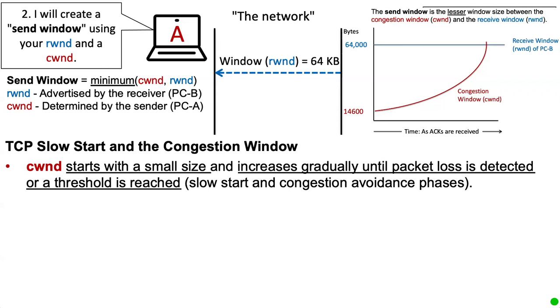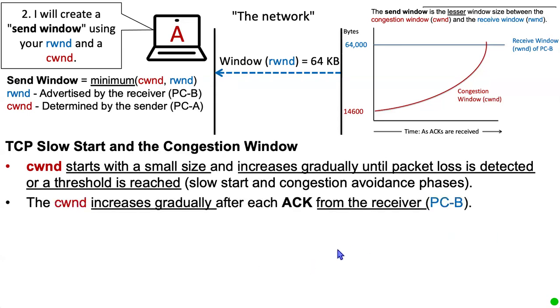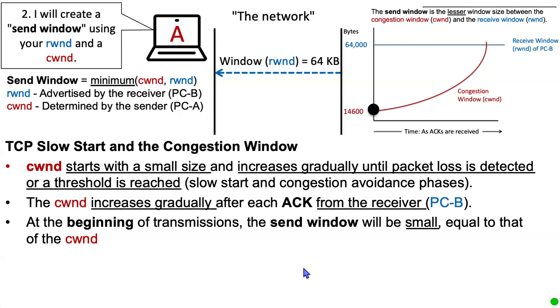So slow start and congestion avoidance phases; we'll talk a little bit about that in a later video. The congestion window increases gradually after each acknowledgement received from the receiver of the segments, PCB, who's sending those acknowledgements.